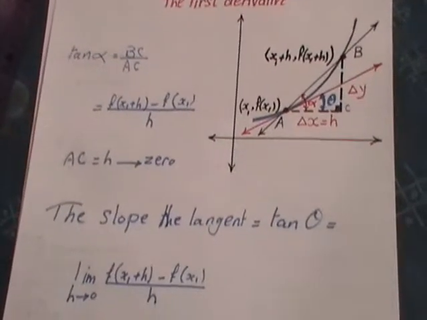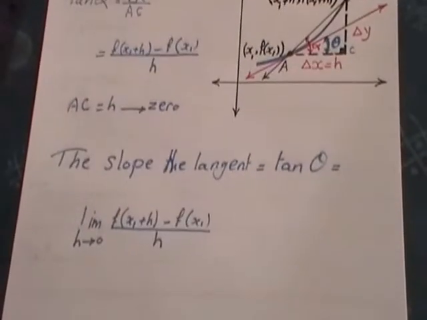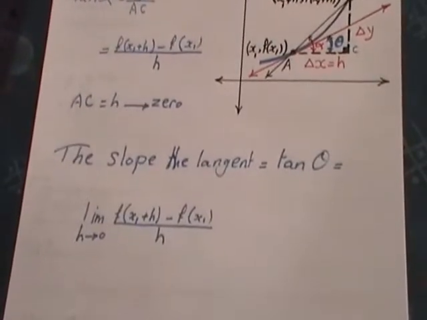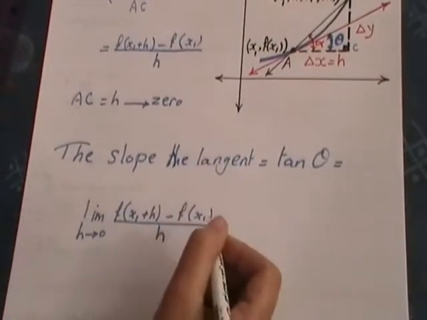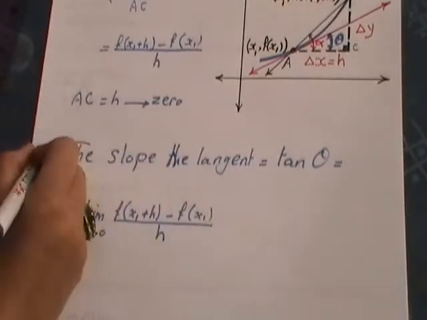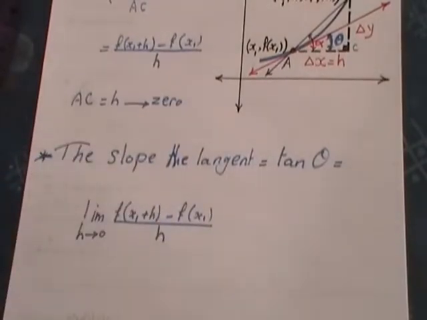Point A is not equal to point B, but they approach each other. So now we know the slope of the tangent of any curve at a given point equals the limit of f of x1 plus h minus f of x1 over h when h tends to 0.